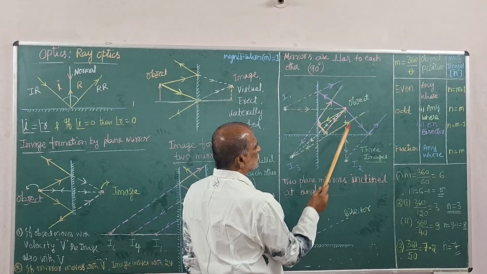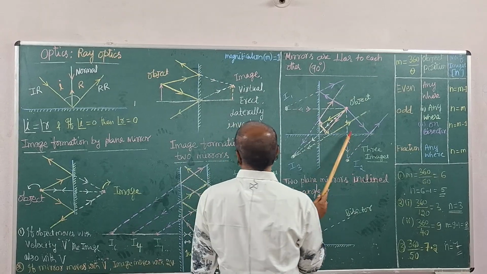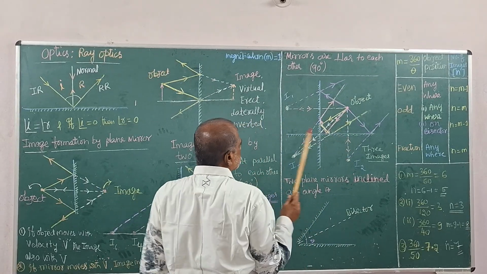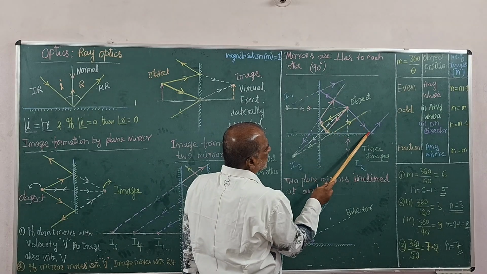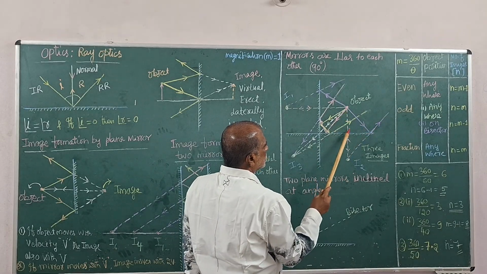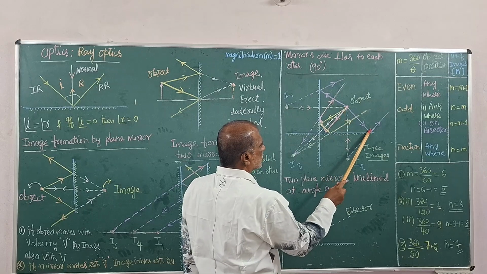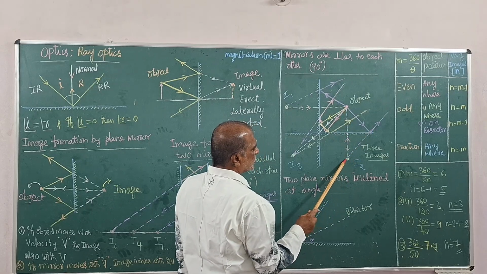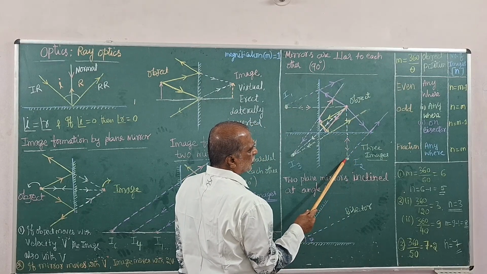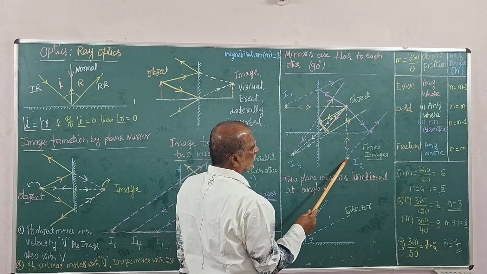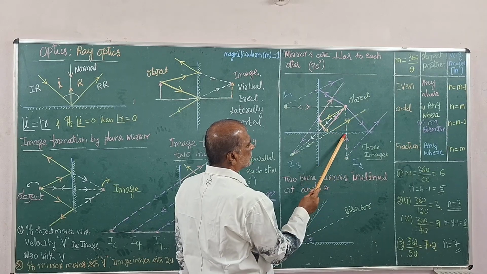Incident ray, reflection along the normal, and this is extended and diverges at this point. This is one image by this object due to this mirror.